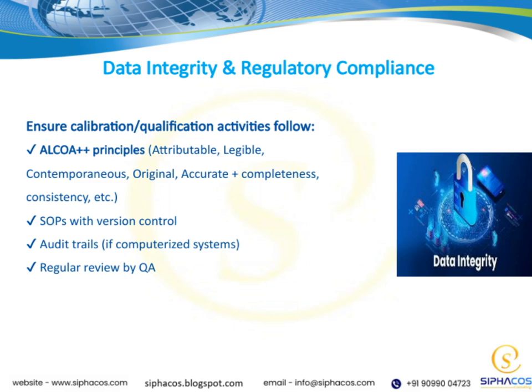Finally, regular review by the quality assurance team keeps everything on track. Continuous oversight helps us catch any issues early and ensure compliance with regulatory standards. All these steps together form a robust framework that not only protects the integrity of our data, but also aligns with our commitment to compliance and quality. This is how we build trust in our processes and meet industry expectations.